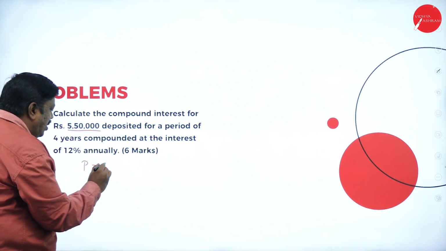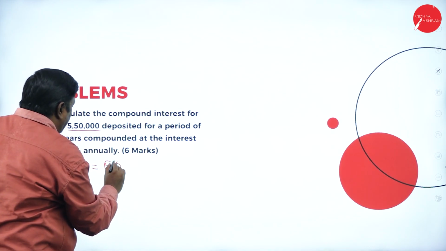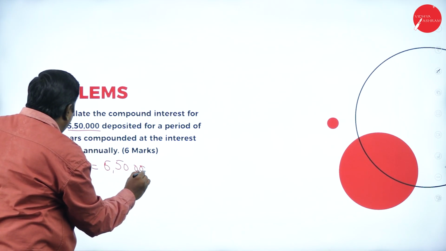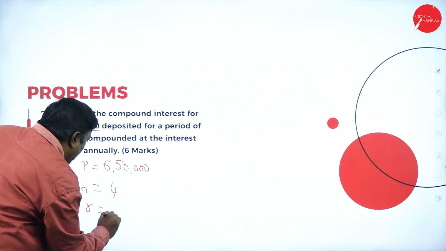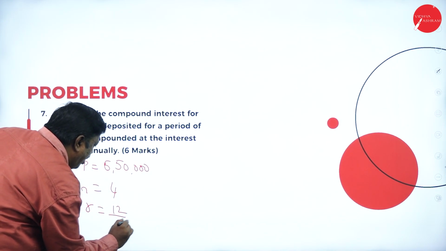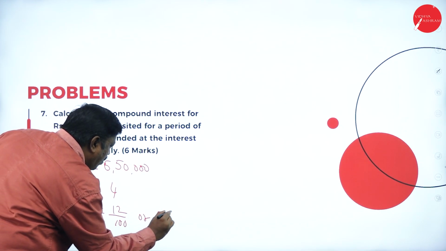In the next concept we have taken here, the principal amount is 5,50,000, N will be 4 years and R will be 12 by 100 or 0.12.